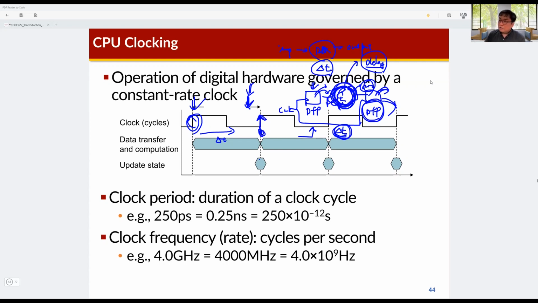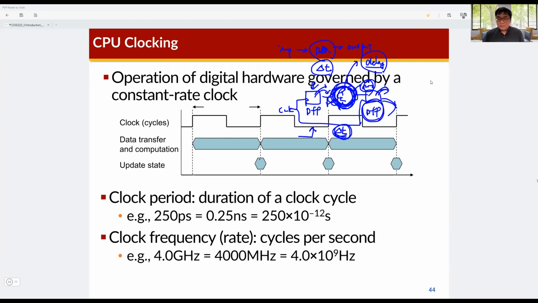That's how digital systems work with clock signals. So that is the very basics of digital system design, and I believe if you took digital logic design, you already learned about this clock signal.